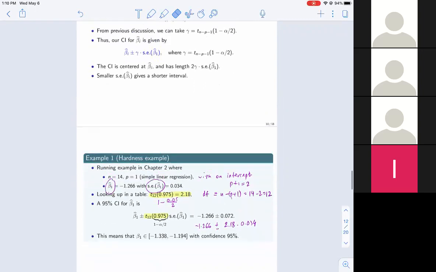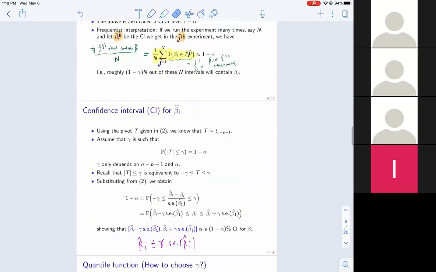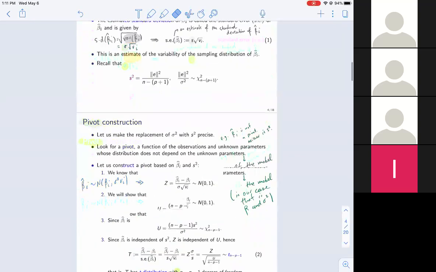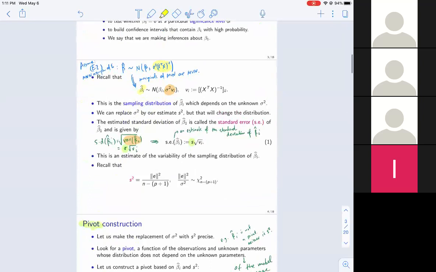So most people probably have seen how to compute confidence intervals. Hopefully now you understand where it comes from. The way it comes from is we started from this derivation. So we know this distribution for beta hat i.